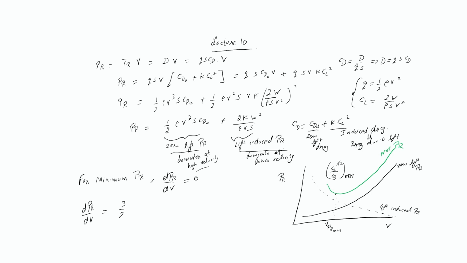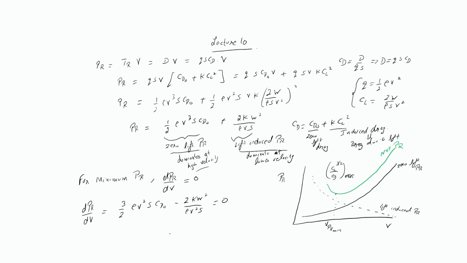So that is 3 by 2 rho V square S CD naught minus, why minus? Because where we have V in the denominator, this will be V to the power minus 2. So you will get minus 2 K W square by rho V square S equals 0.